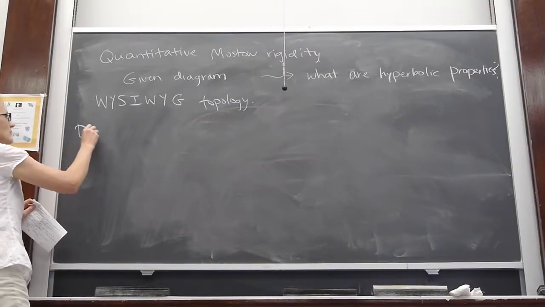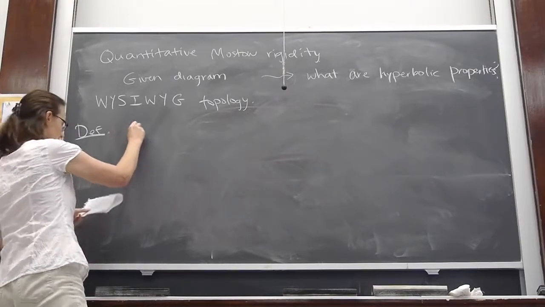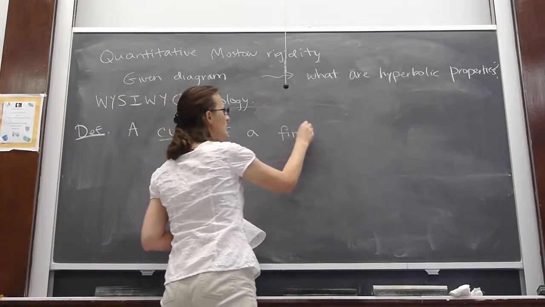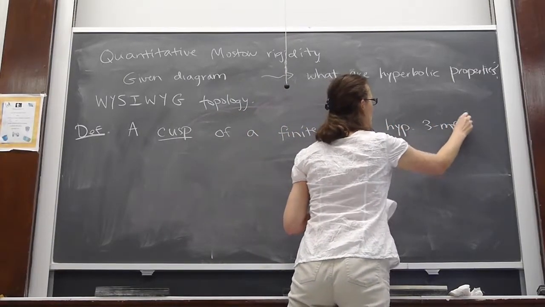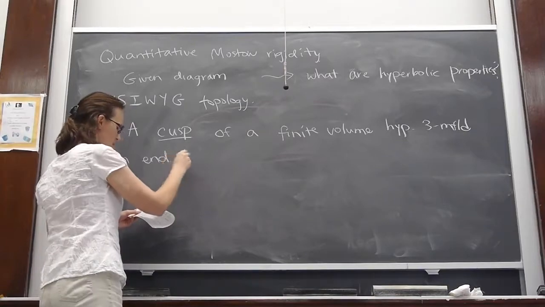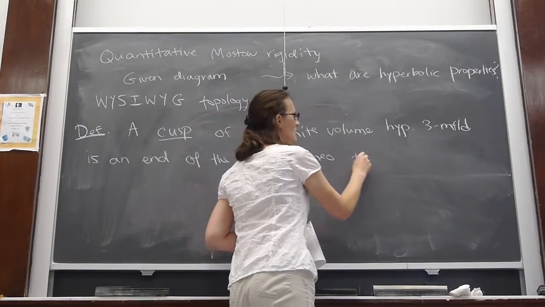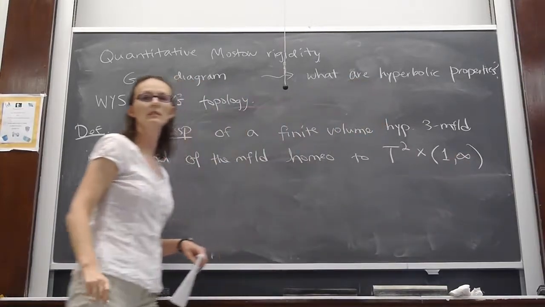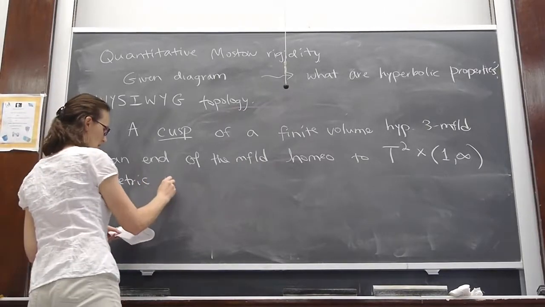Okay, so for those of you who are less familiar with this, we're going to say a cusp of a finite volume hyperbolic 3-manifold is an end of the manifold which is homeomorphic to a torus cross an interval and isometric to a horoball neighborhood.